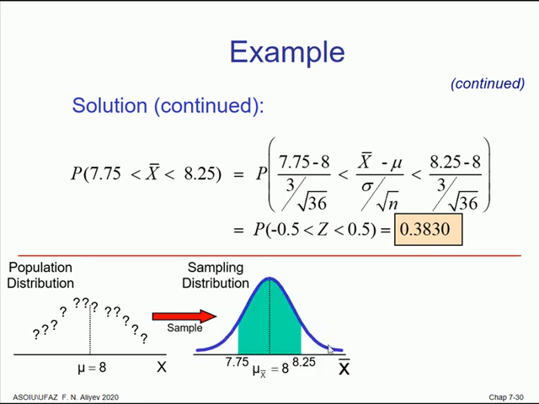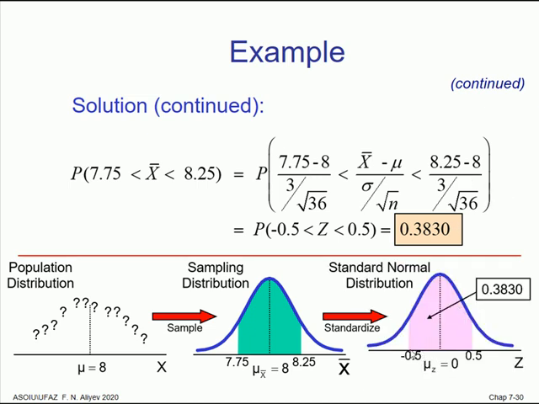Using the central limit theorem, we can say that it's normally distributed. And if we want to find the probability of the sample mean being between these two numbers, you may calculate by transferring this to the standardized normal distribution by the formulas. You obtain here negative 0.5 and positive 0.5.